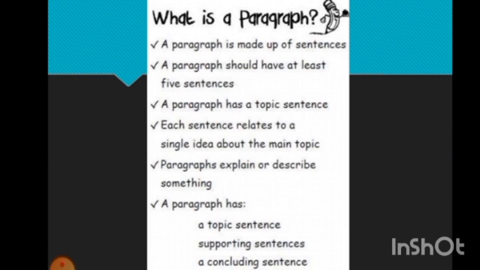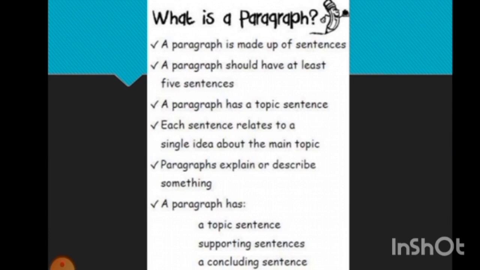Many of us just write 2 to 3 lines in a paragraph and we just move towards the next paragraph. That is not a good thing. Okay, a paragraph should always consist of at least 5 sentences. Keep this thing in your mind. This is very important for you.